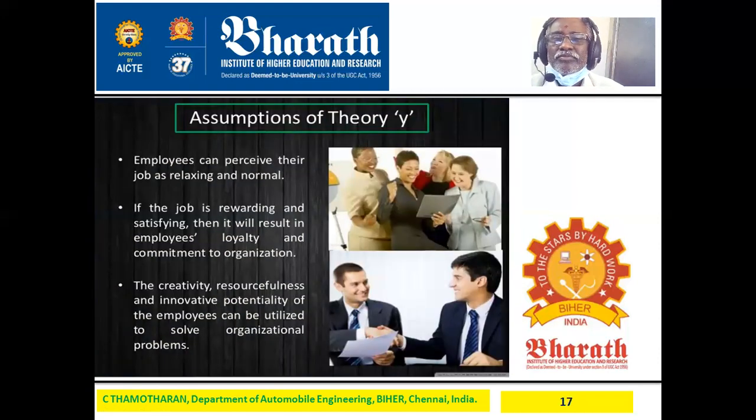Strong action. And the assumption of Theory Y: employees can pursue their jobs as relaxing and normal. So the image itself shows how they are enjoying, right? They have work assignments that employees can pursue as relaxing and normal.